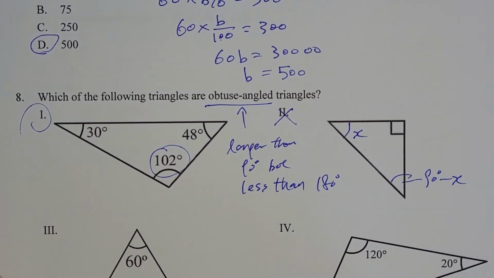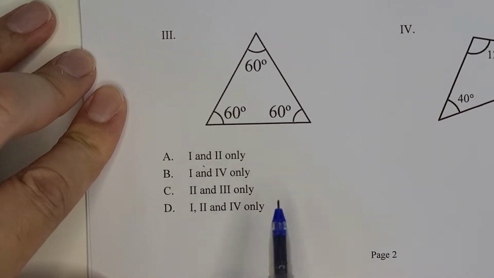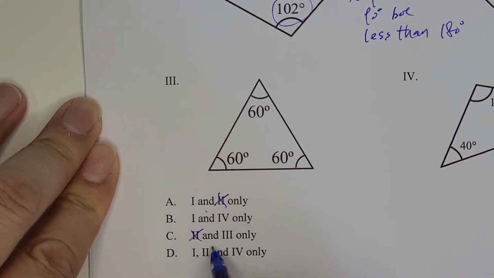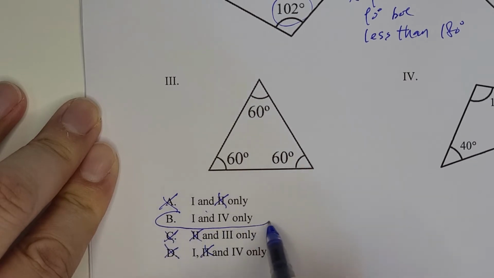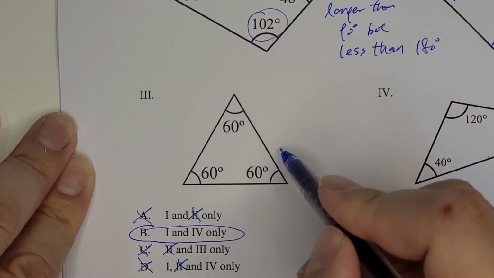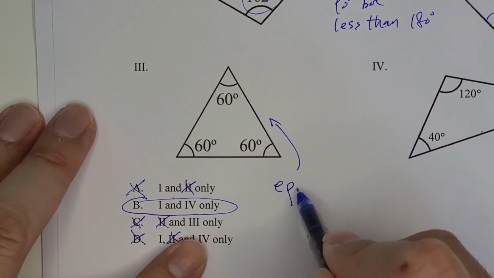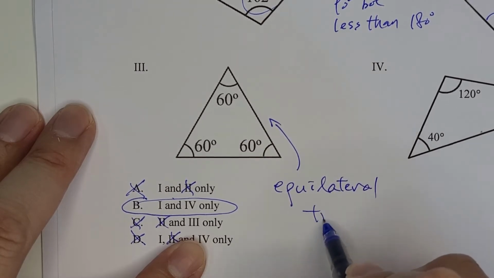Alright, and you can see that in option A, B, C, D, if 2 is not the answer, then you can just cross them out. A, C, D are not the answer. So the answer is B for boy. Okay, by the way, this one, all angles are equal. We call it an equilateral triangle.